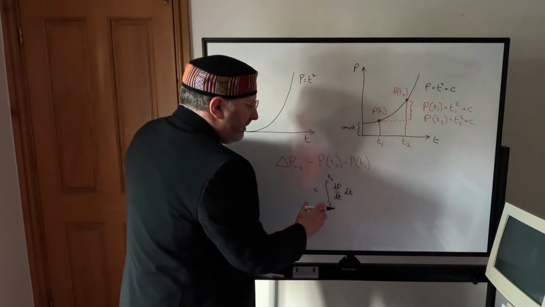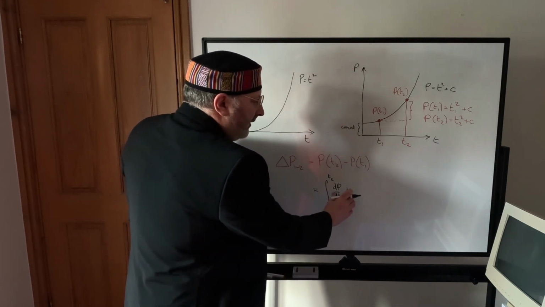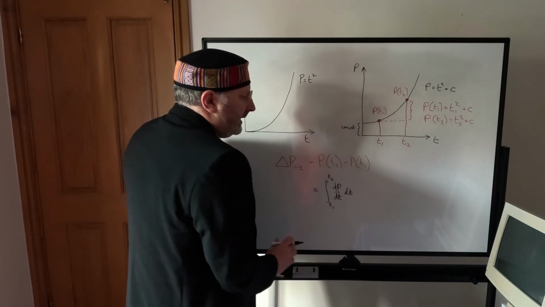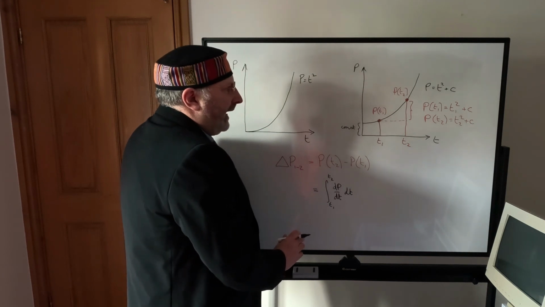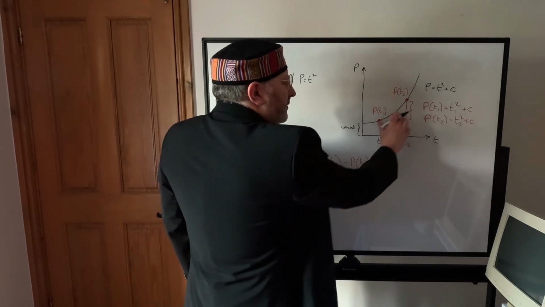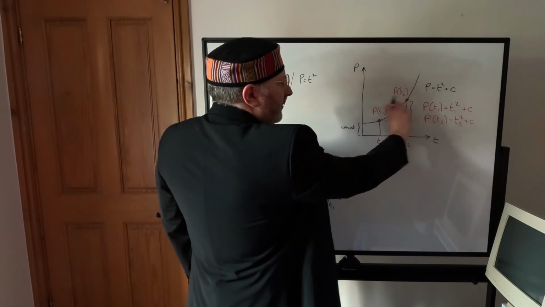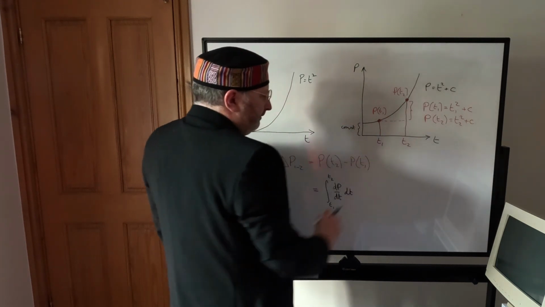We integrate between t1 and t2. So that gives us the change in population between t1 and t2. And as we've said, it's not going to depend upon the constant. The difference between them will be the same.